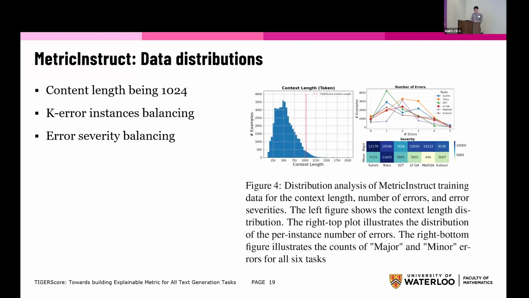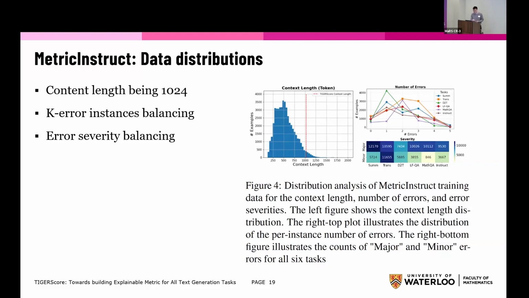For MetricInstruct, we also do an overall data distribution analysis. The context length is about 1,000, and we also count the k-error instance balancing, as you can see in the top right figure. That basically means how many errors each instance contains.